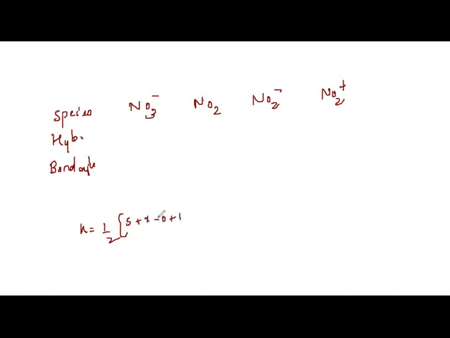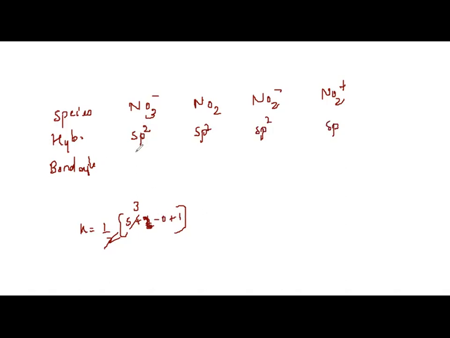There are 2 single bonds, so 5 plus 2 is 7. Sorry, there are 3, so 5 plus 3 is 8. Single bonds are 2, minus 1 is 6. So 2 ones are, 2 threes are. If it is 3, hybridization is sp2. Like that, if you do for NO2, you will get hybridization sp2. For NO2 minus also hybridization is sp2. But for NO2 plus, it is sp hybridization.